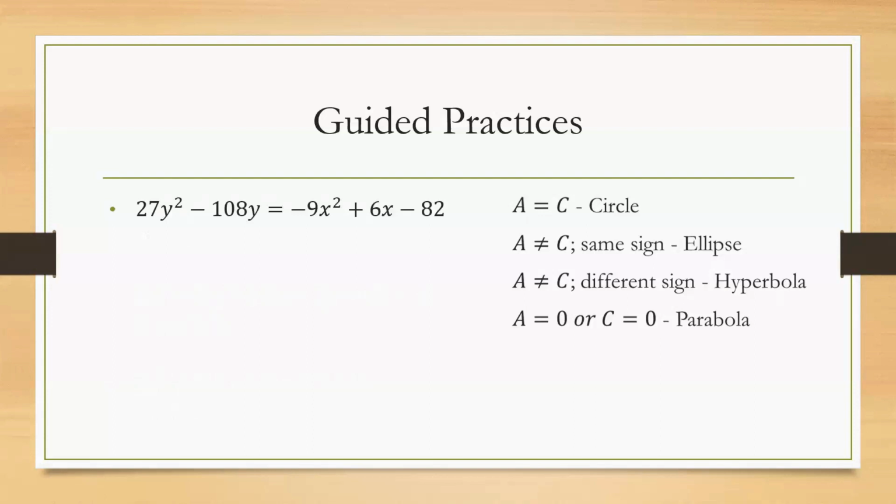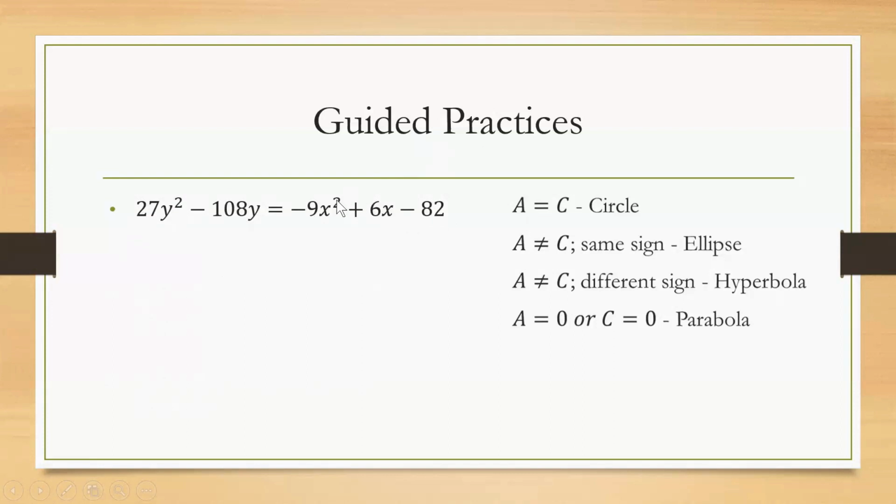Here, 27y squared minus 108y is equal to negative 9x squared plus 6x minus 82. So earlier we had a similar equation wherein we moved the left terms to the right terms.